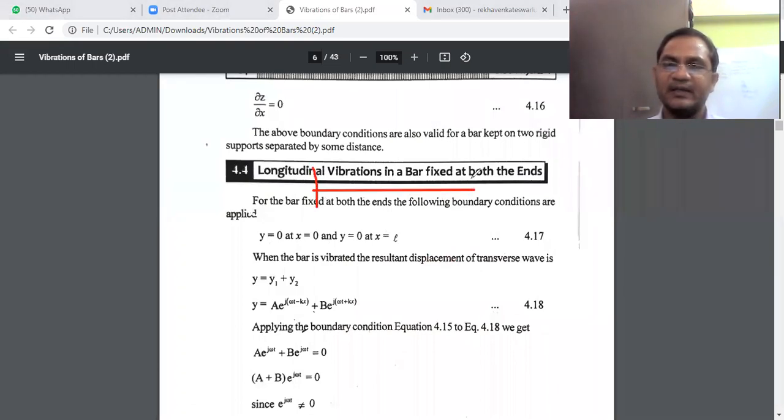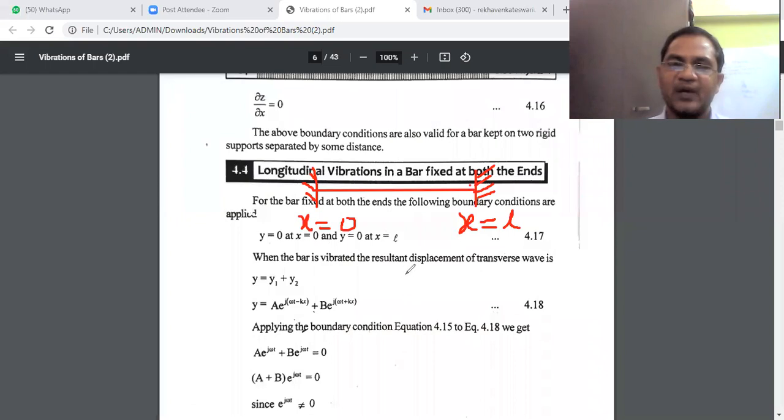This is one end, and it is the other end. Both ends of the bar are fixed, clamped. These are the 2 rigid supports. Here we have taken a rod of length L. The first position is x equal to 0, the second position is x equal to L.